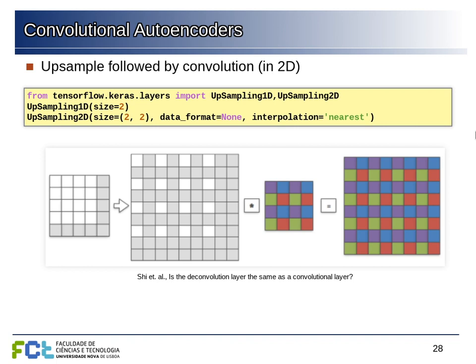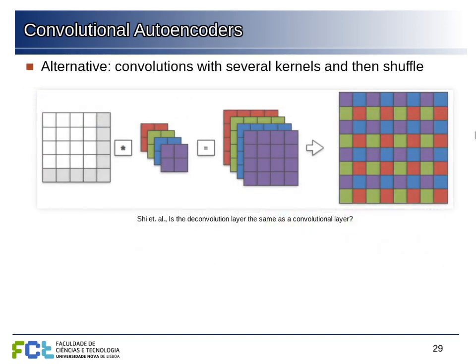So this is the general approach. As we do convolution and pooling, then when we go back on the decoder, we can do upsampling and convolution, intercalating. There are other alternatives. For example, use several kernels on the original input, but then shuffle everything: instead of putting all the feature maps into different channels, you just alternate the values and create a mosaic with the values from the different feature maps.